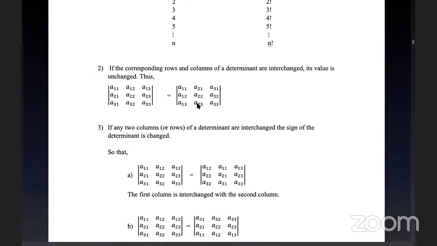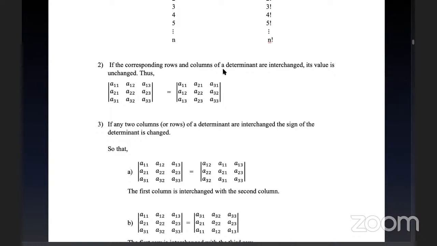Okay, so sa number 2 naman, if the corresponding rows and columns of a determinant are interchanged, its value is unchanged. So hindi magbabago yung value ni determinant kahit na i-interchange mo natin yung rows and columns. Okay, just like this. Yung subscripts, diba? A11, yung element na nasa first row, column 1.